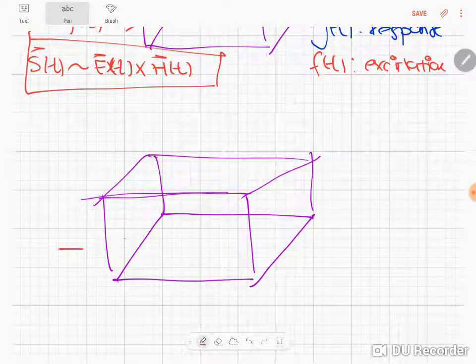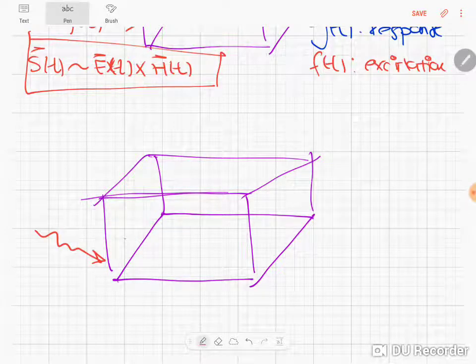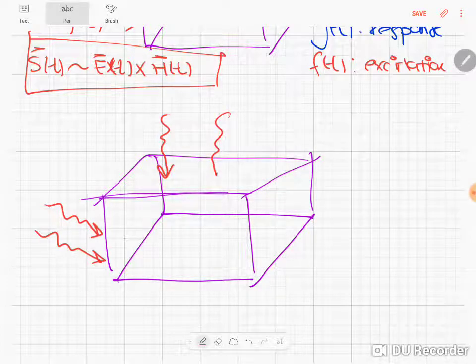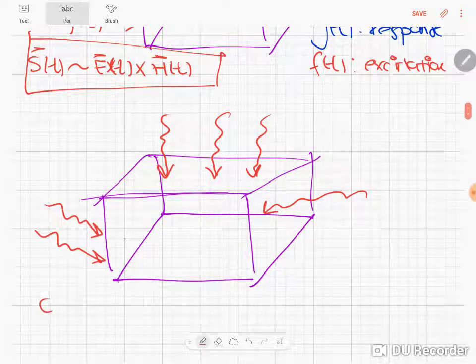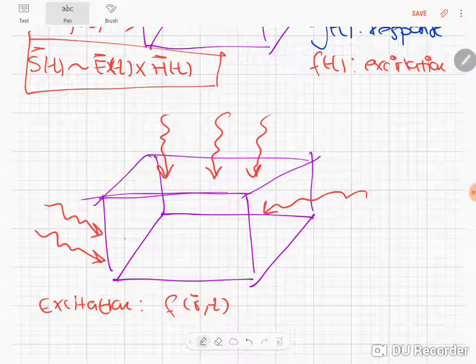So this is the sample of material, and then you shine light here, you shine light here, you shine light in several places. See? And then that means that now this light field, so your excitation, can be written as a light field F of r, t. See? So then you will have different intensities of light depending on the coordinate at which you're shining light on. So that's one thing.